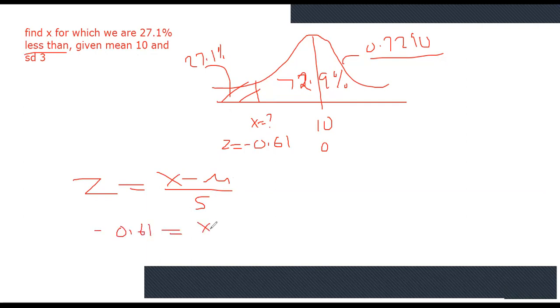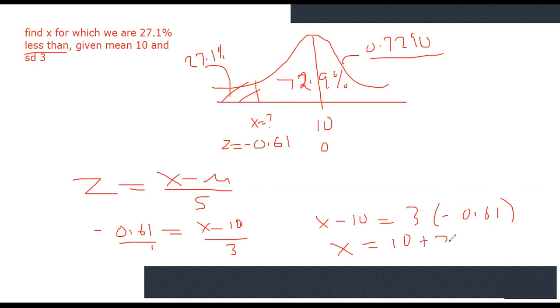Our X we don't know. Our mean is 10, our standard deviation is 3. When you cross multiply, X minus 10 equals 3 times negative 0.61. So X is 10 plus 3 times negative 0.61.